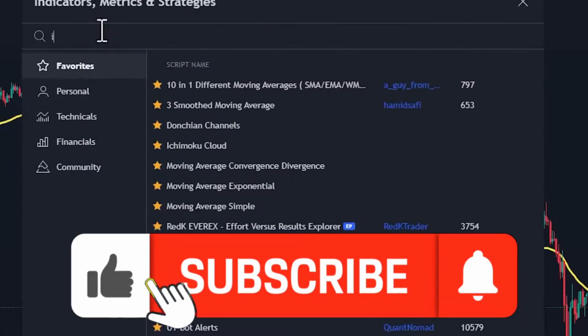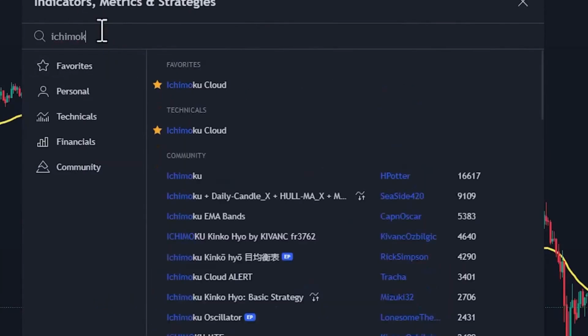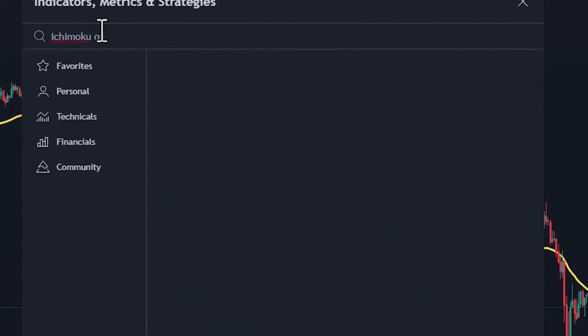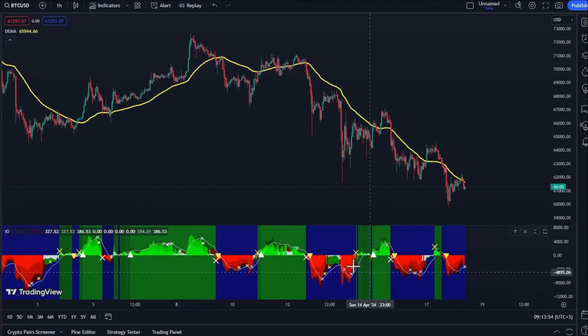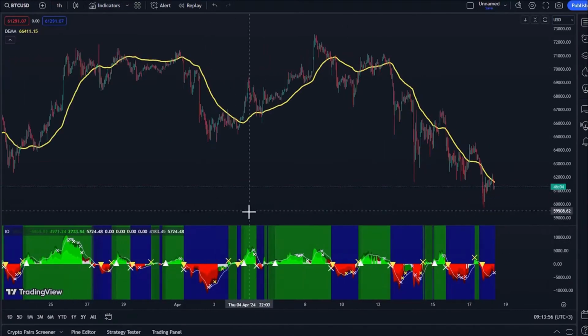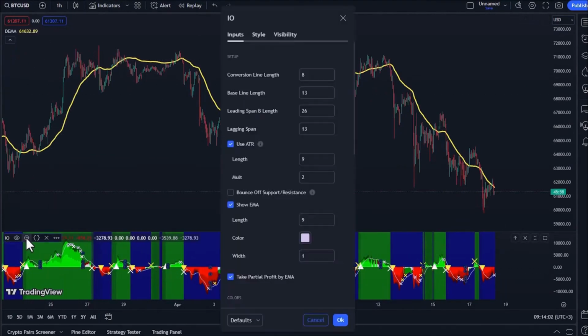We go to the indicator section and select Ichimoku and oscillator, which are detailed by this person. As you can see, an oscillator opened for us and we need to go to the settings section and change our settings. Based on this method, we need to make some changes here.